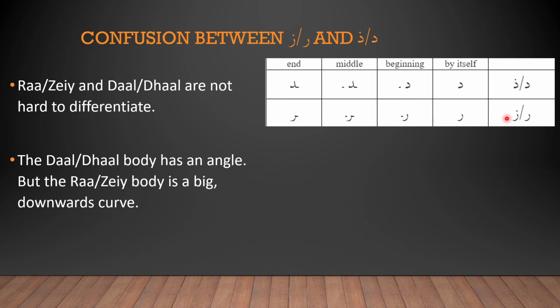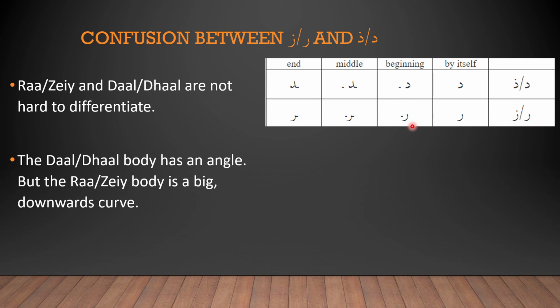This can cause confusion in the Arabic text, but as we see in each form, Dal and Ra are quite different from each other. Especially in the middle form, it will be very, very different. The middle and the ending version of these two alphabets are extremely different. So, I think the only confusion comes in the beginning form.